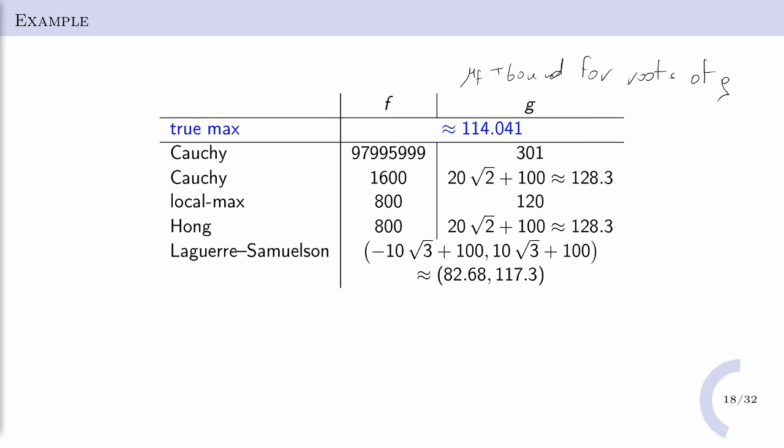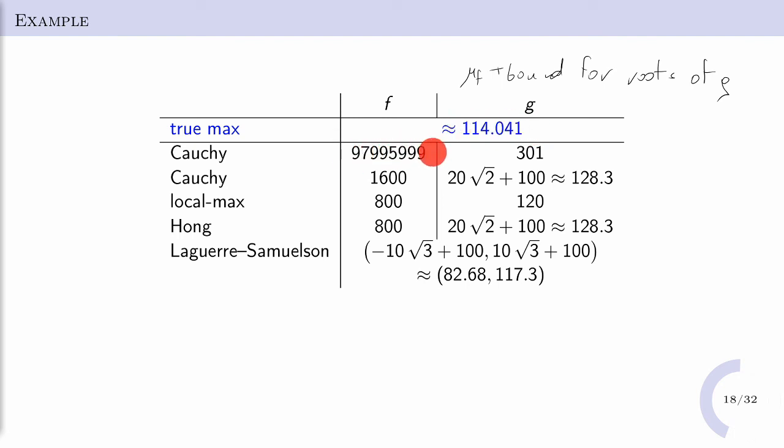So as you see, if we compute the first Cauchy bound for the roots of f, this is the maximum coefficient plus 1, so this bound is absolutely bad. This is the maximum root, and this is the bound. We see that it's really bad.